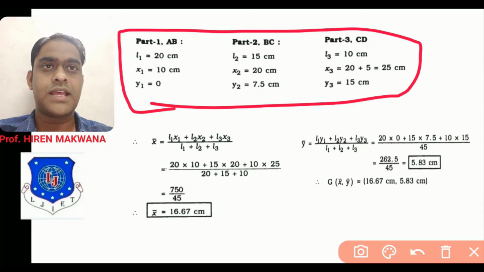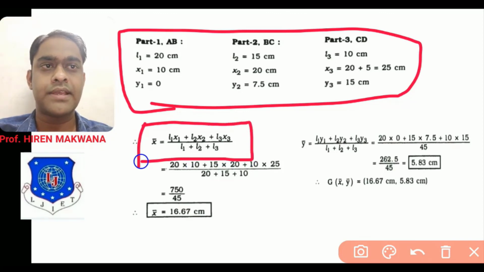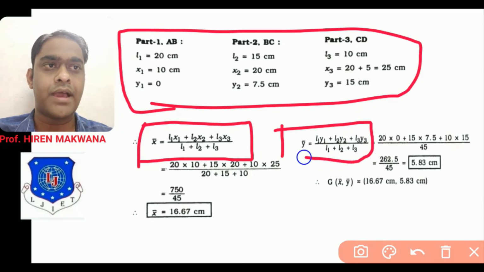Now these are the separate calculations, but we have to find composite CG, means combined CG of all the three lengths. So for that combined CG, the formula you have to remember is x bar and y bar. Both are similar type of formulas. x bar is equal to L1 x1 plus L2 x2 plus L3 x3 upon L1 plus L2 plus L3.